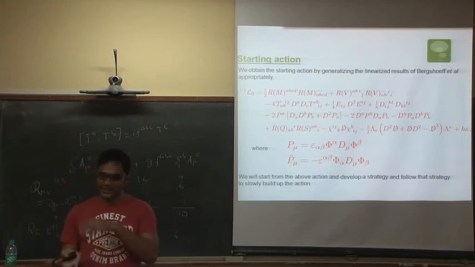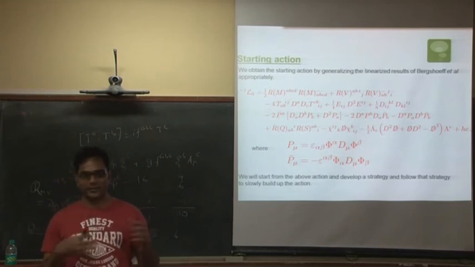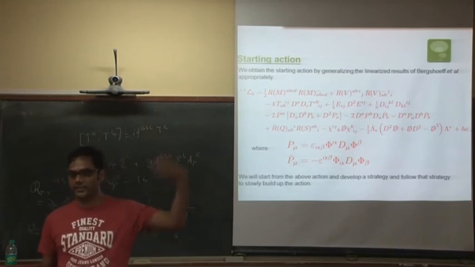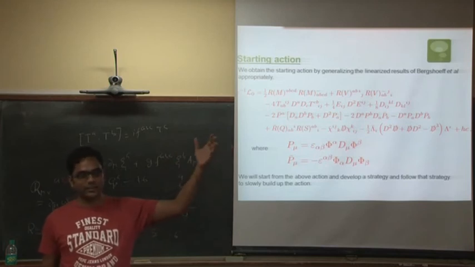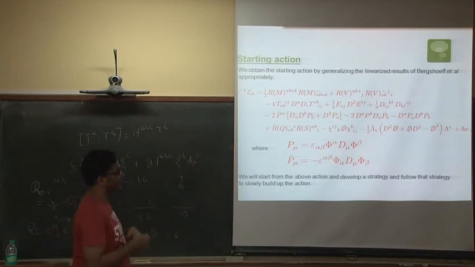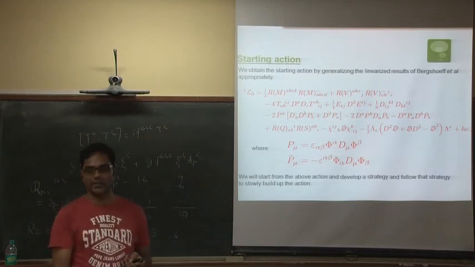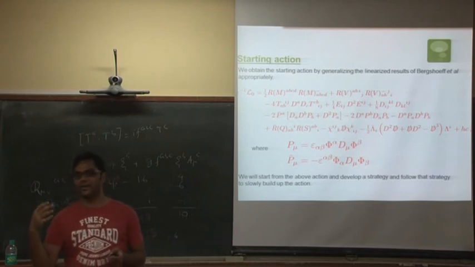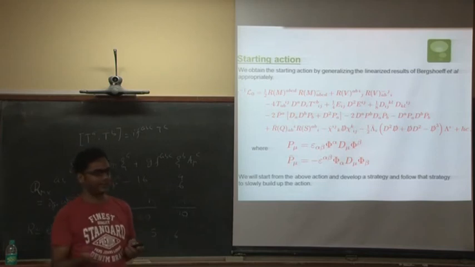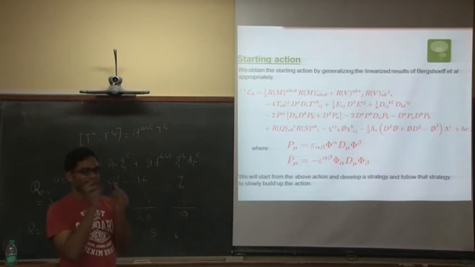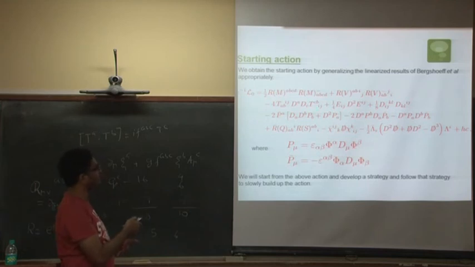That would still give the linearized result, but that term won't be invariant under special conformal transformation. Then you need to add some term with a special conformal gauge field. So we took the linearized action and shuffled the derivatives in such a way that the terms by themselves are special conformal invariant.